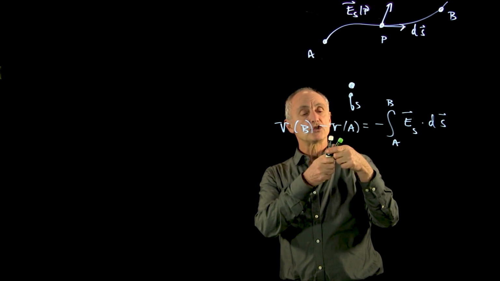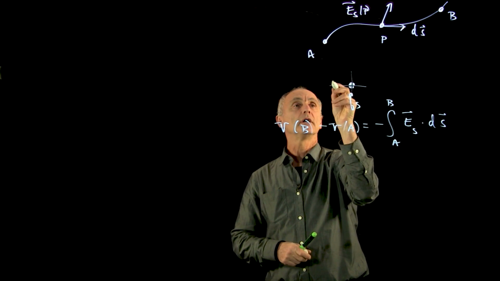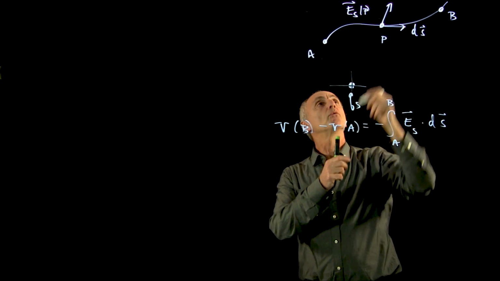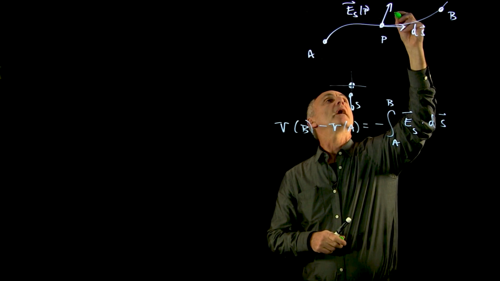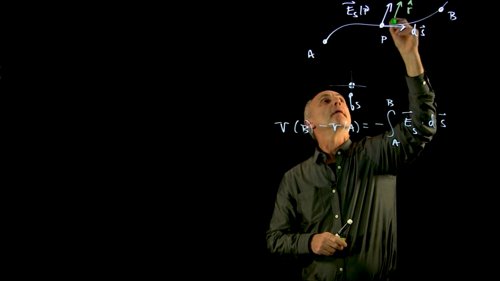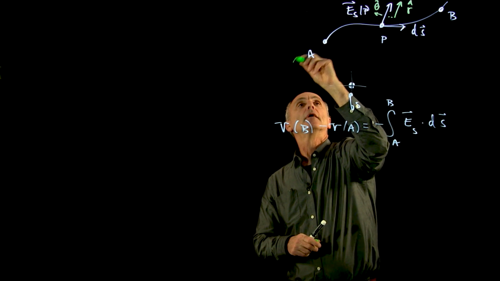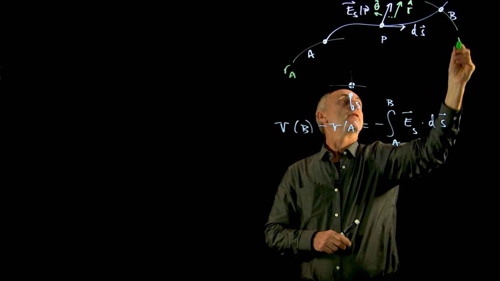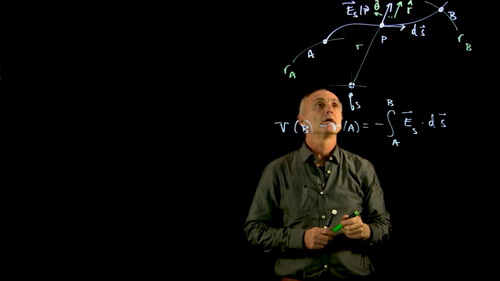We'll choose an origin where the source is, and our unit vector will point radially outward. So we'll have an r hat and a theta hat. And here, this is RA, and this is RB, and that's R.